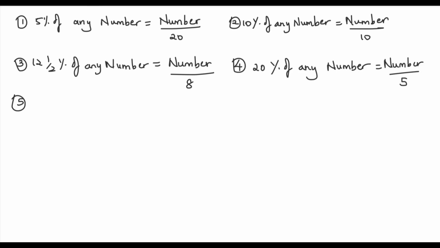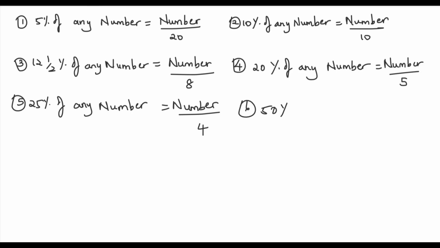Fifth, 25% of any number can be found by dividing the number by 4. And sixth one, 50% of any number can be found by dividing the number by 2. So you have to remember these tricks.